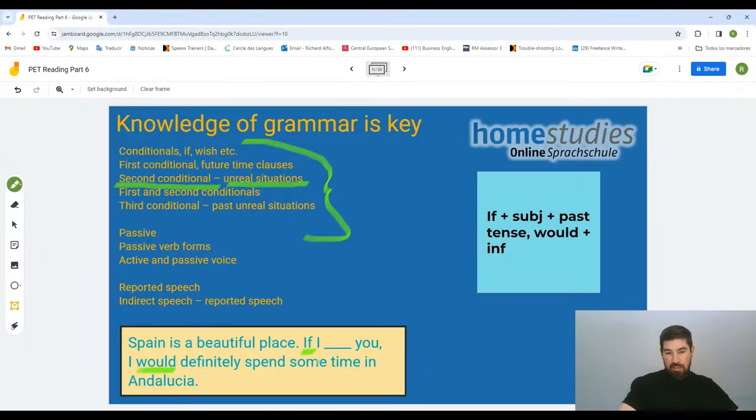Now, this idea, if I, you, is giving advice. So I'll give you 20 seconds. I've given you a few clues. Hopefully you know what this could be. There are two possible words here. Take your time, see if you can come up with something.